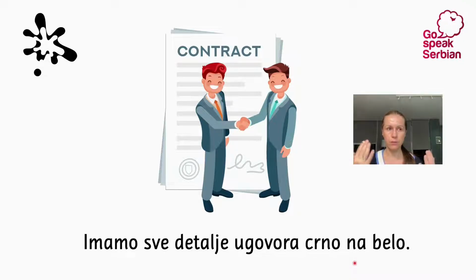Crno na belo originated from the time when we used to write with a black ink on white paper. So this is to say we have the proof that everything has been written down and that we know all the terms and conditions of the contract or whatever it is that we want to establish between each other. Imamo sve detalje ugovora, crno na belo. We have all the details of the contract clear and understandable.